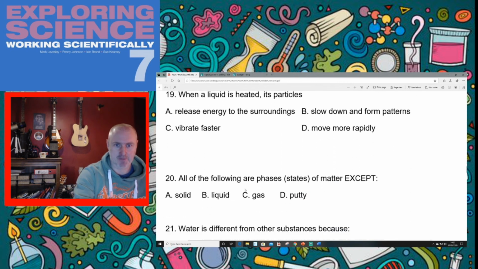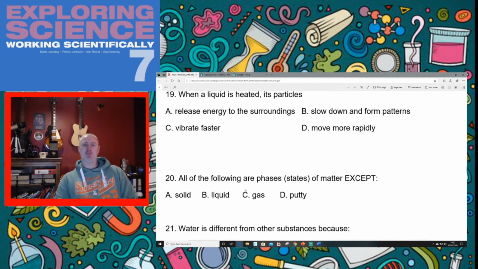Question 19. What happens when a liquid is heated? Well, when anything is heated, the particles gain kinetic energy. Remember we said before that the speed that particles are moving is directly linked to their temperature. So if I'm heating something, increasing the temperature, those particles are going to be moving more rapidly, which is your answer D. They're going to be moving faster.